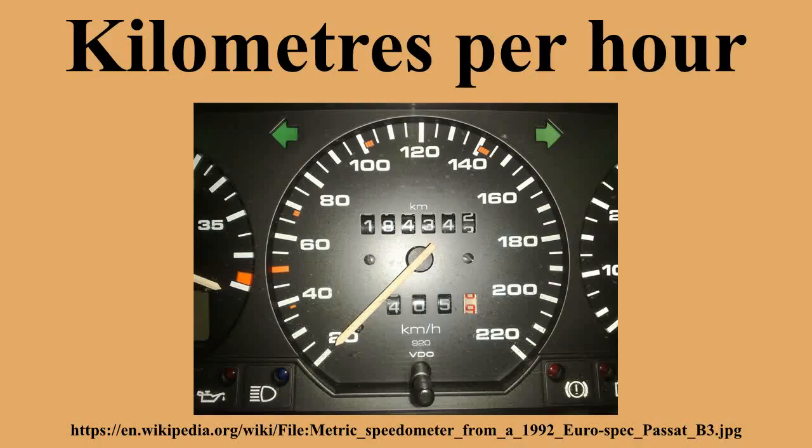Another EU directive published in 1975 regulates the layout of speedometers within the European Union, and requires the text km/h in all languages, even where that is not the natural abbreviation for the local version of kilometers per hour. Examples include Dutch kilometer per uur, Portuguese quilômetro por hora, and Greek chilíometra ana óra.